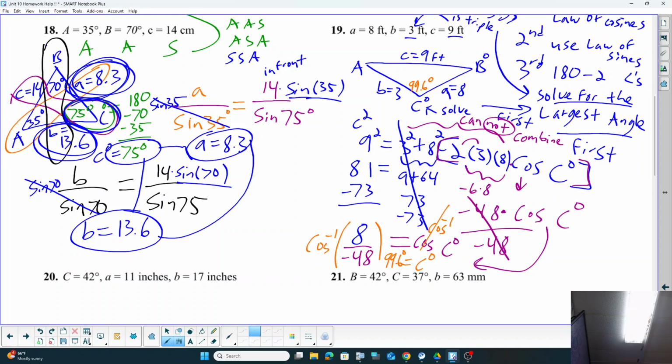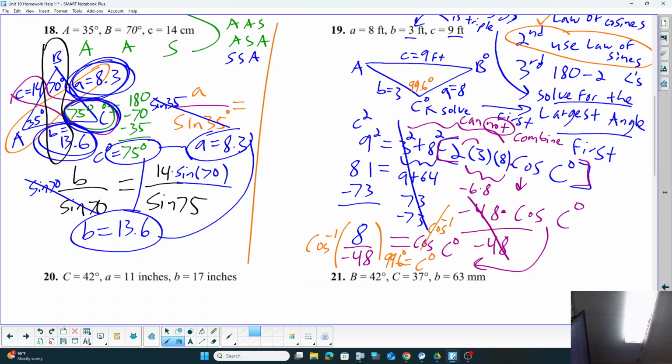Cool. So now that we used the law of cosines, second we can use the law of sines. To do the law of sines, I'm going to erase this over here so I have room. Now we're going to do our C with our C. And we're going to solve for, let's just do angle A next. You have to choose.